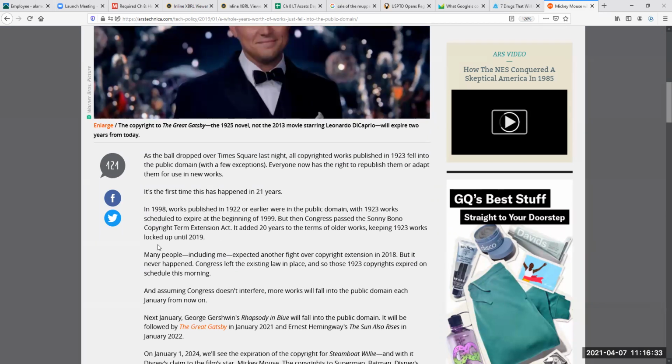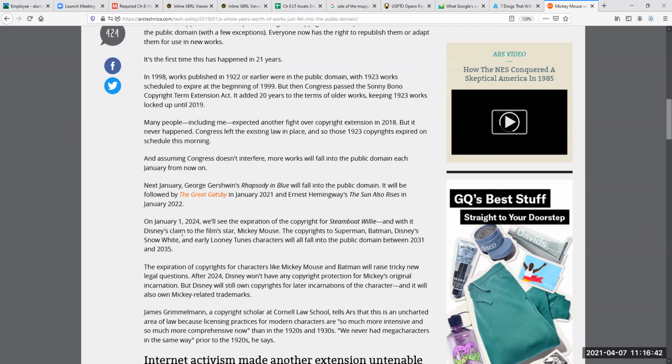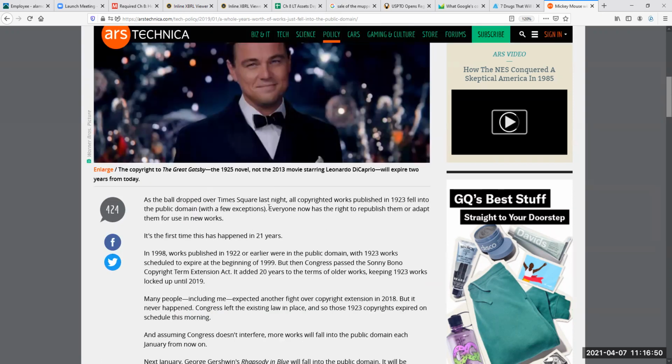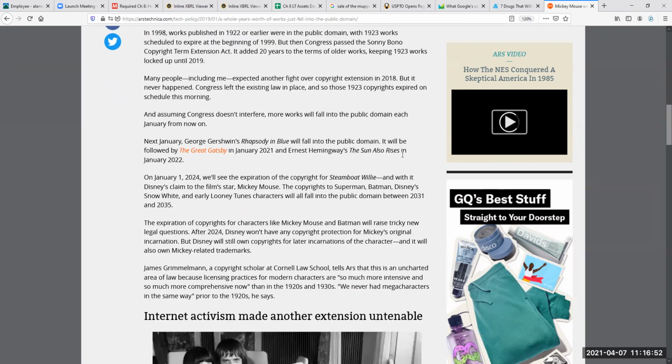But then Congress passed the Sonny Bono copyright extension, added 20 years, keeping 1923 works until 2019. So the next January, George Gershwin's Rhapsody in Blue will fall into public domain. It will be followed by The Great Gatsby in January 21. Yeah, so this just expired 2 months ago. And Ernest Hemingway's The Sun Also Rises expires January next year.